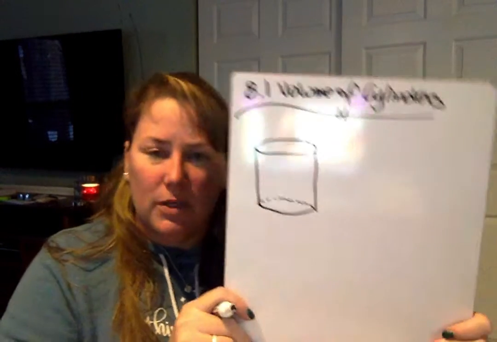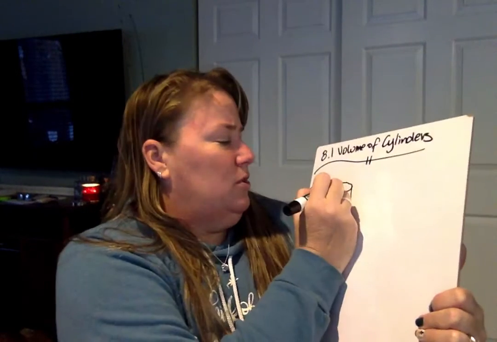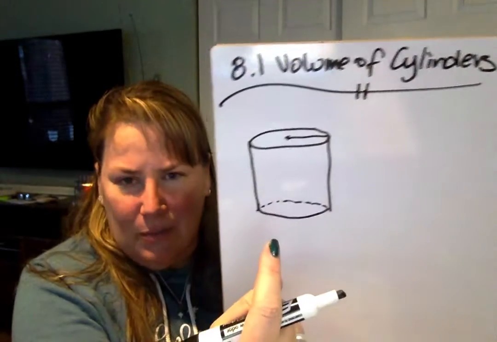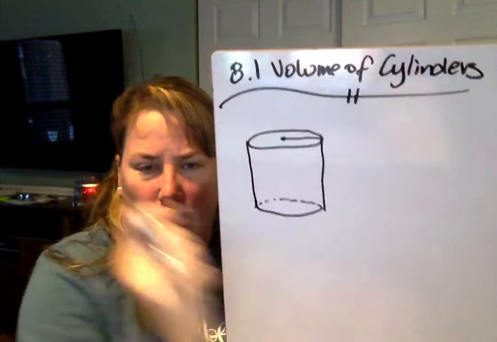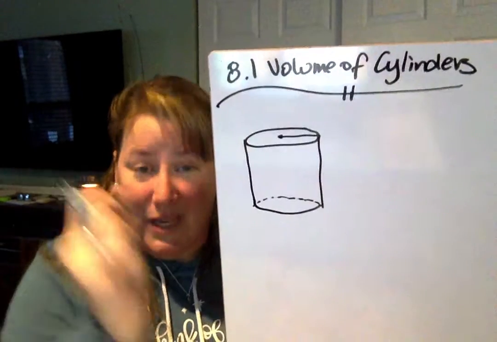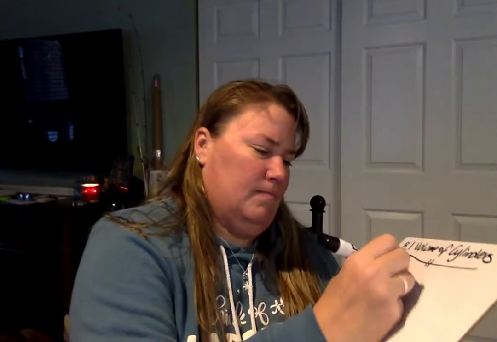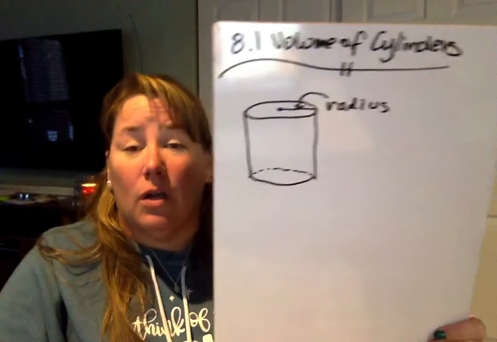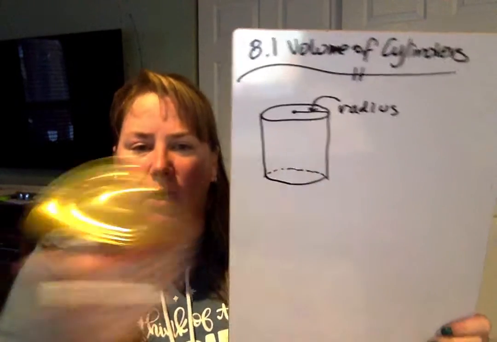And then what you always need to have is your center drawn. So you can put a dot in the top. And then your radius. So radius is halfway across the top.